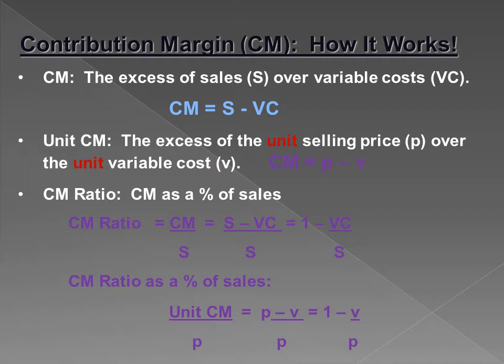So that's per unit variable cost. Your contribution margin over your total number of sales will give you your contribution margin ratio, which is your percentage of sales left over to cover your fixed costs.